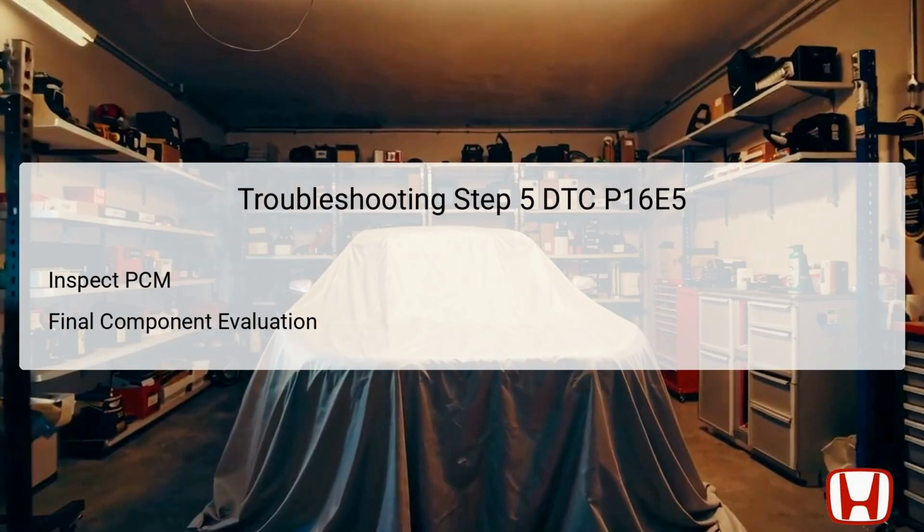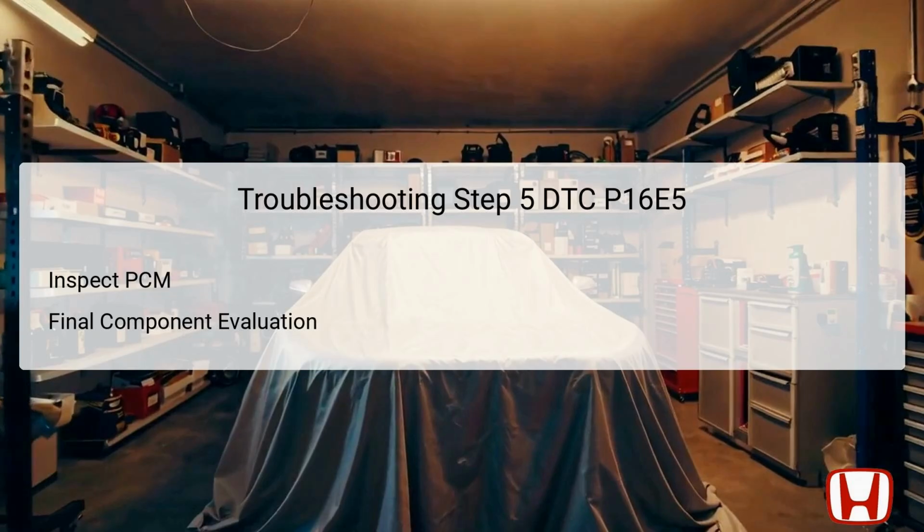Finally, if all previous inspections indicate normal conditions, the last step is to inspect the PCM. As the central unit that processes information from various sensors and components, any malfunction at the PCM level can lead to communication errors, such as the DTC P16E5.